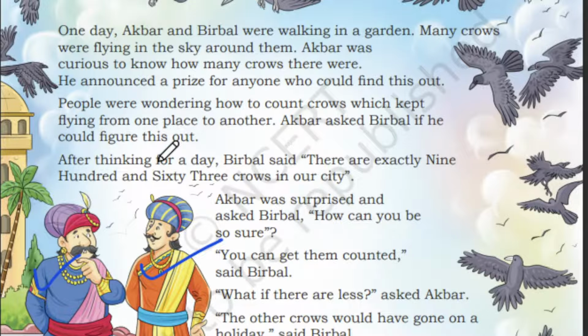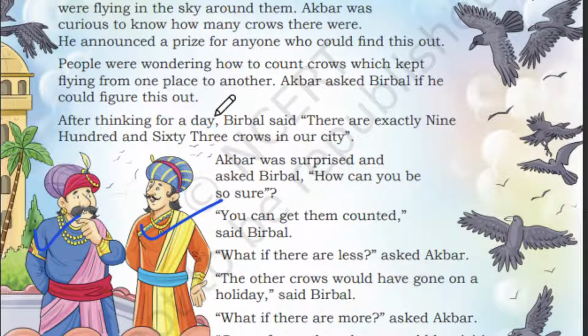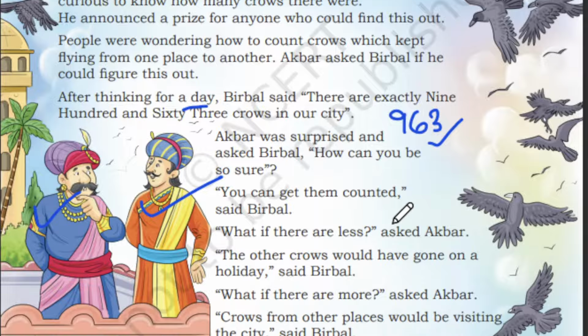So after thinking for a day, so what happened? After thinking for a day, Birbal said, there are exactly 963 crows in our city. Akbar was surprised and asked Birbal, how can you be so sure?